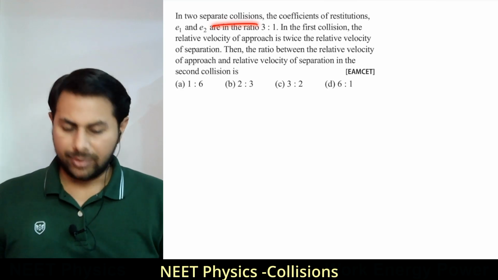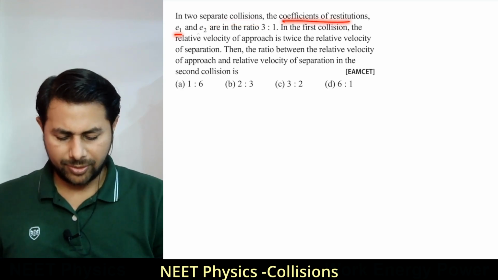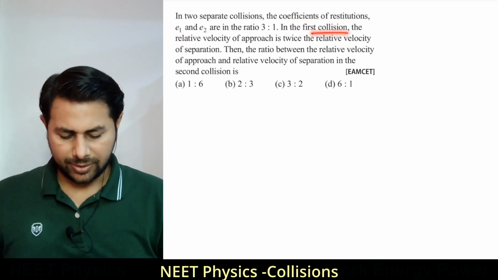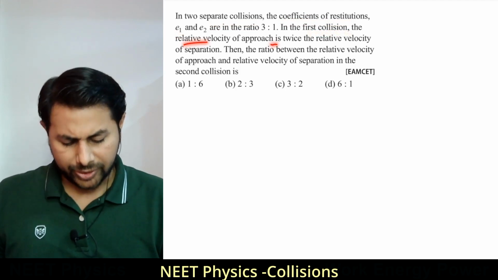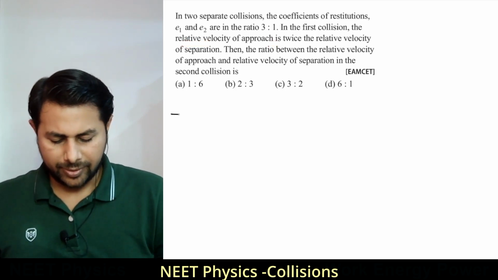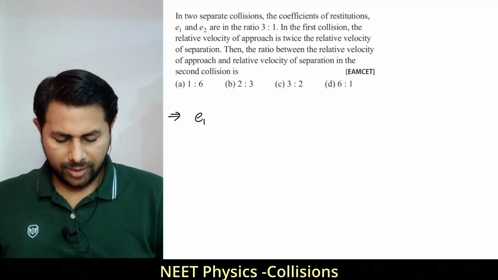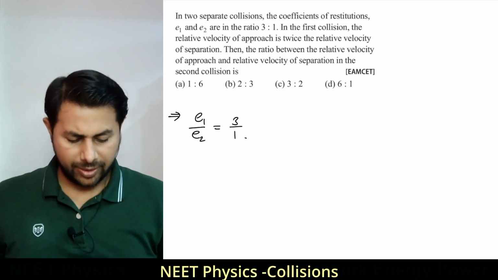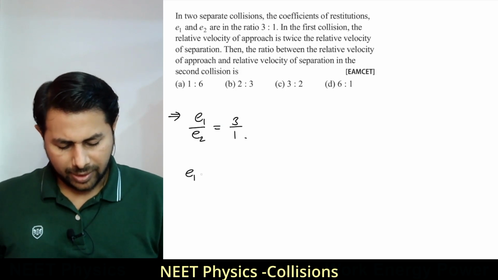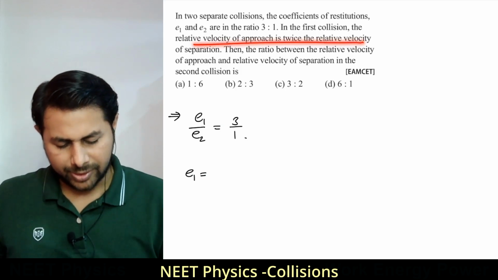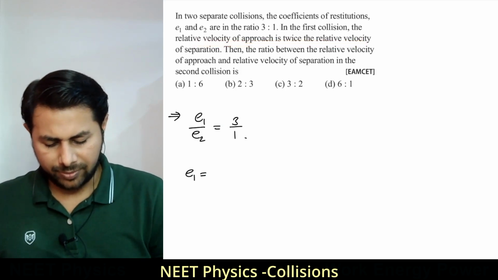In two separate collisions, the coefficient of restitutions E1 and E2 are in the ratio 3:1. In the first collision, the relative velocity of approach is twice the relative velocity of separation. Okay, so E1 and E2 are in the ratio 3:1. This is given. In the first collision, that's in E1, relative velocity of approach is twice the relative velocity of separation.